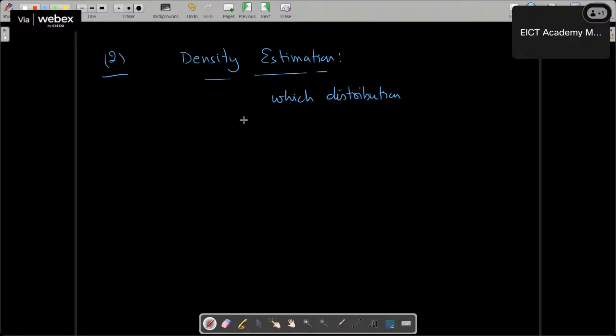So it provides the density estimation. For the time being, just understand that it not only gives us clustering, but also provides density estimation.